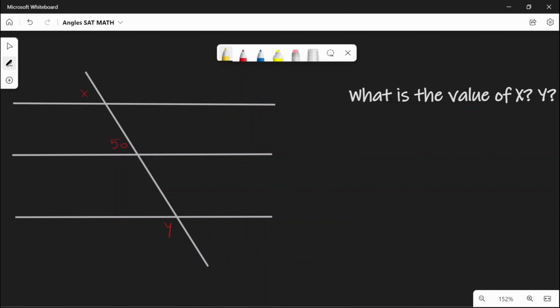In this example, he asks about the value of angle x and the value of y. And you're given the value of one angle, which is 50.